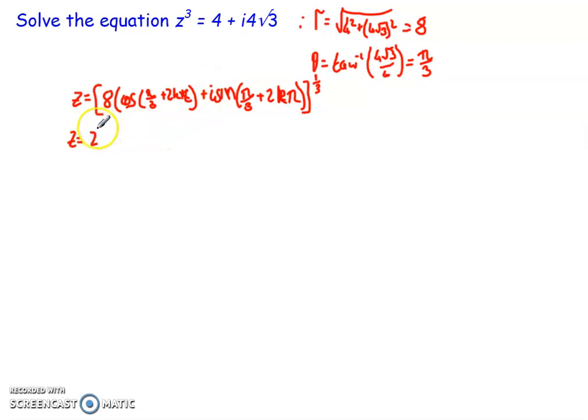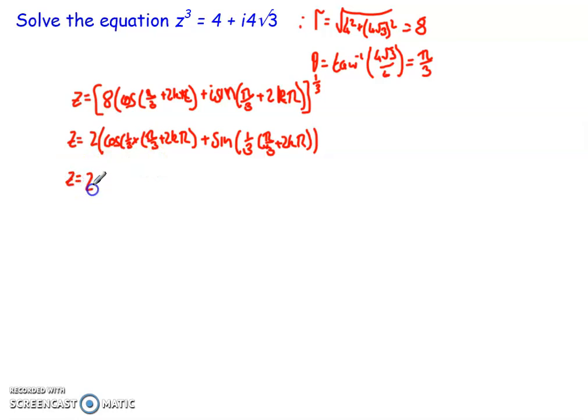That's cube root of 8, which is just 2. Then it's going to be bracket cosine of 1/3 times the pi over 3 plus 2k pi plus I sine of the 1/3 times pi over 3 plus 2k pi. So simplify what's in the brackets here, and I get my conditions I'm going to be looking for.